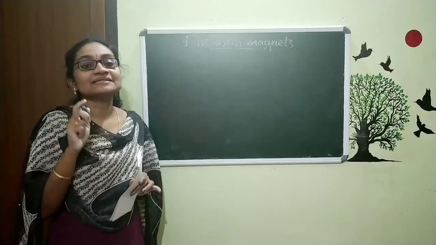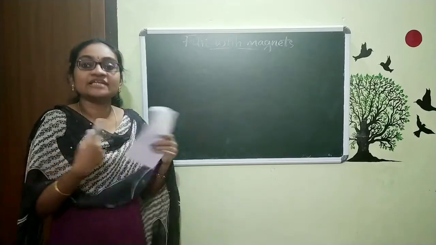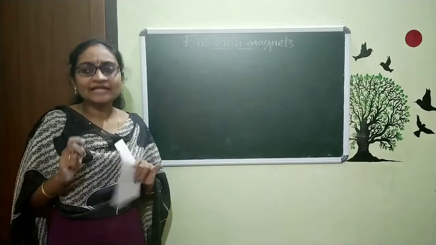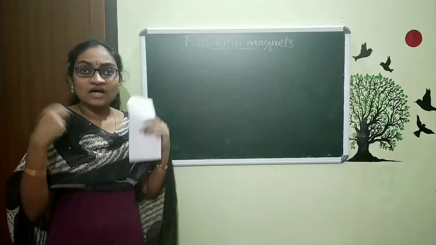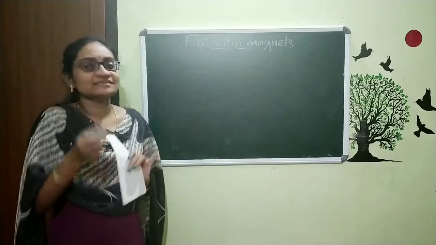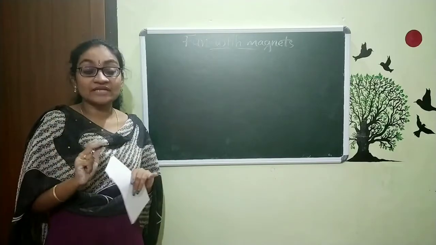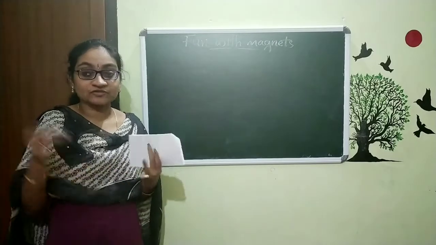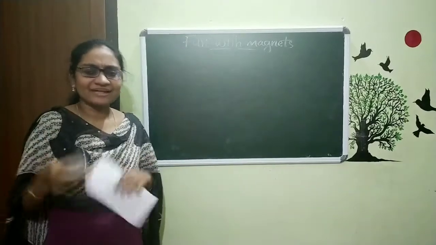And some magnets are electromagnets. That means when we give electricity, it will convert to a magnet. Generally we can say whatever devices produce sound have a magnet inside. Whatever the magnet, it doesn't matter. But because of that, don't place magnets near these devices like television, phone, radio.